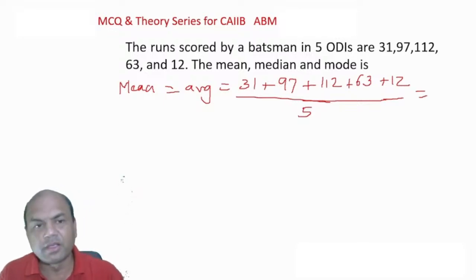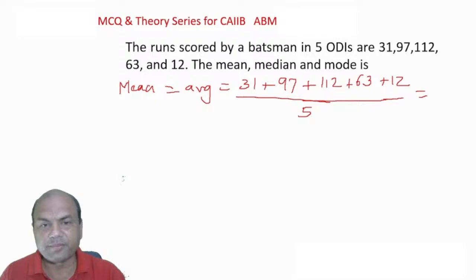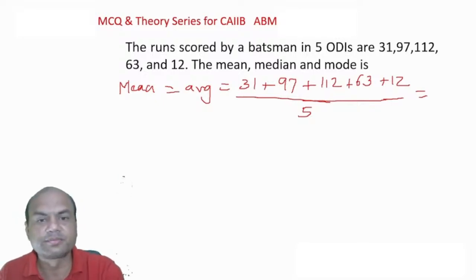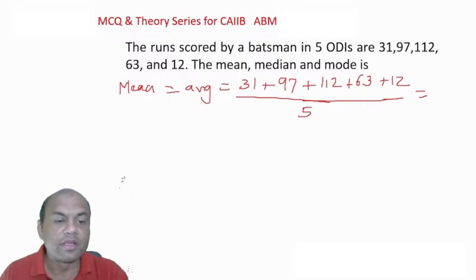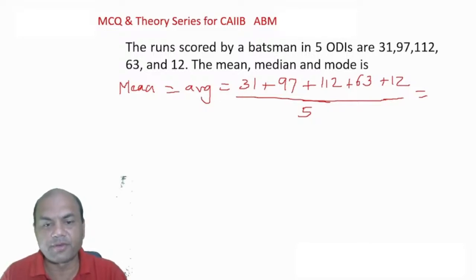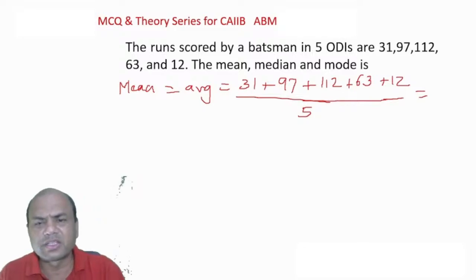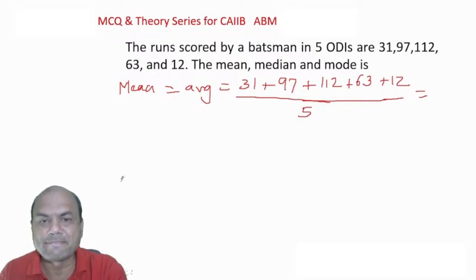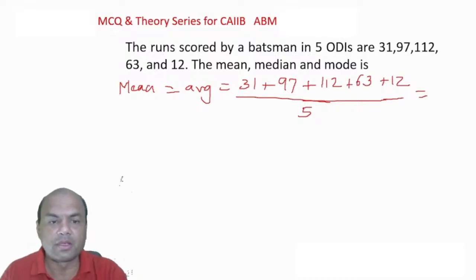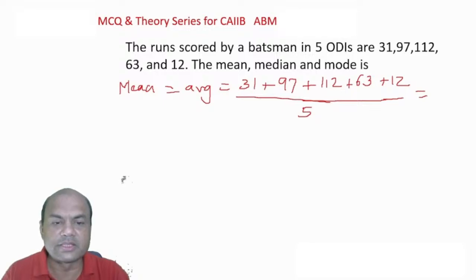Everyone, do it. Let me see who is getting the answer over here. Do it fast. Exams are near, so you need to do it fast. So 31 plus 97 plus 112 plus 63 plus 12, right?